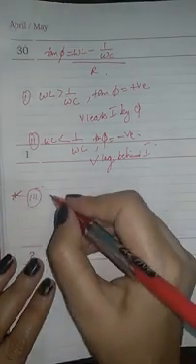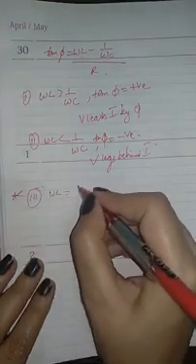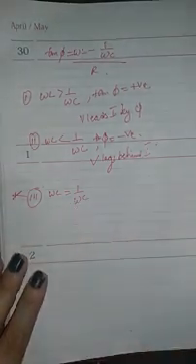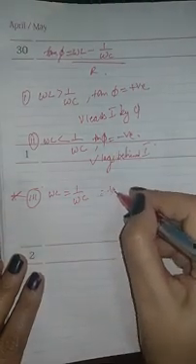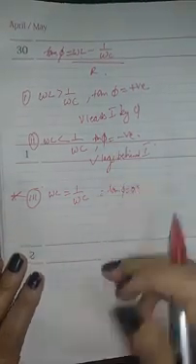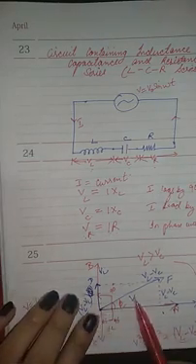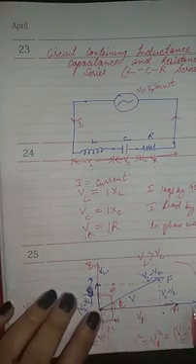Third situation, this is a very important situation. Omega L is equal to 1 by omega C. If these two parts become equal, tan phi becomes 0. So when tan phi becomes 0, when this angle becomes 0, V and I will be along the same direction.